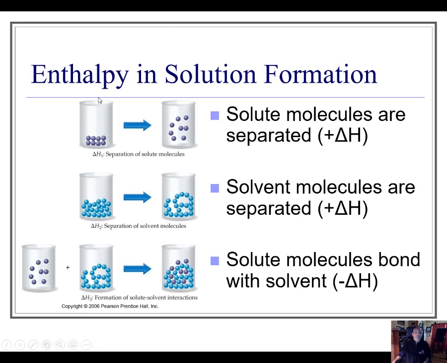All right, so this is simply a diagram of the enthalpy of solution formation. You've got, let's say, a solute that's solid. In order to make room for the solvent particles, you have to add enough energy to separate those solute particles from each other.